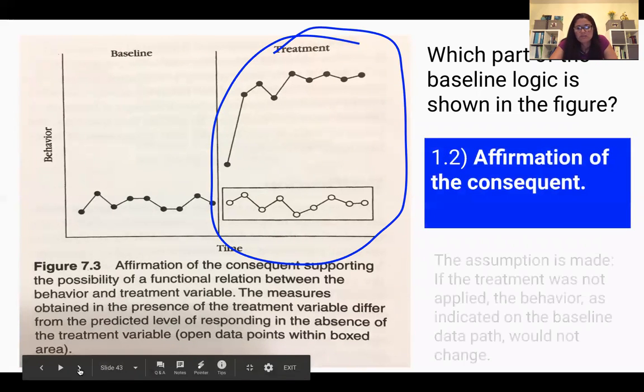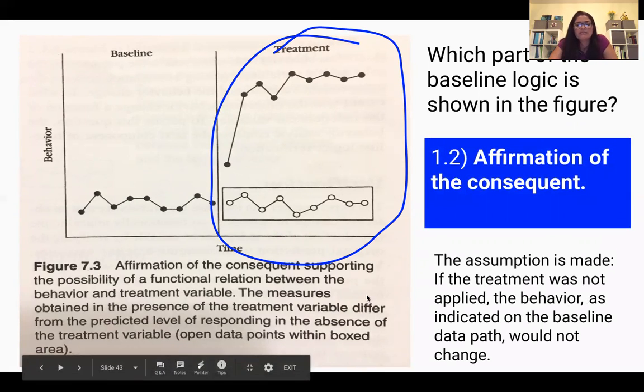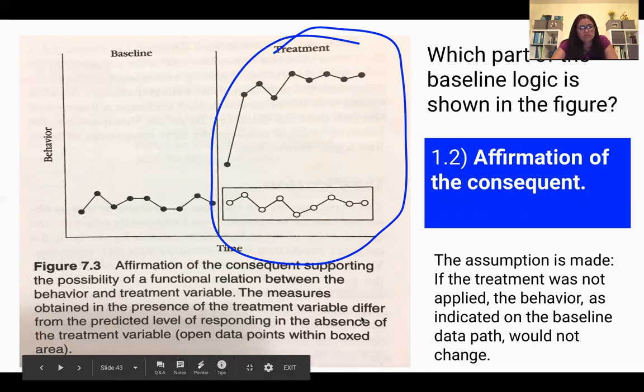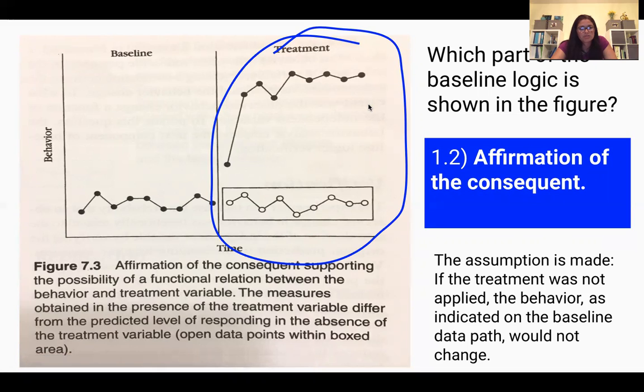Affirmation of the consequence. So the definition that I found is the assumption is made. So you, the therapist, the analyst, made the assumption that if the treatment was not applied, the behavior as indicated on the baseline data path would not change.